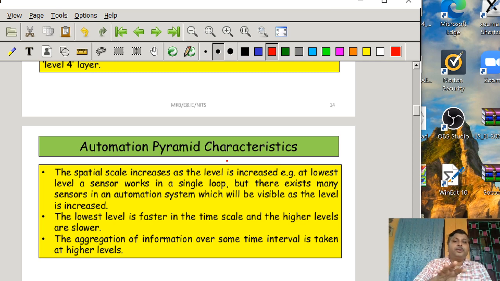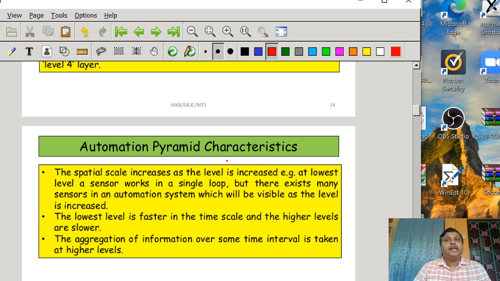Several loops will be supervised by supervisory control levels. So as we go from bottom to top, the spatial scale increases. The lowest level is faster in time scale, definitely, because the automation there is involved with only a single loop. And higher levels will be slower.